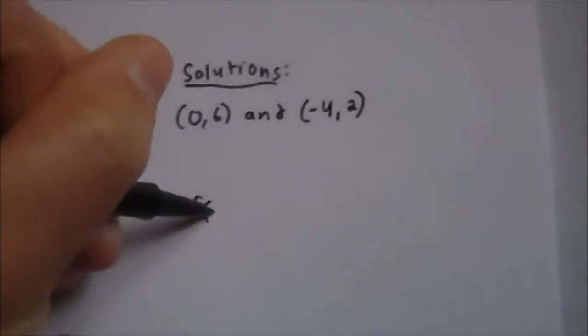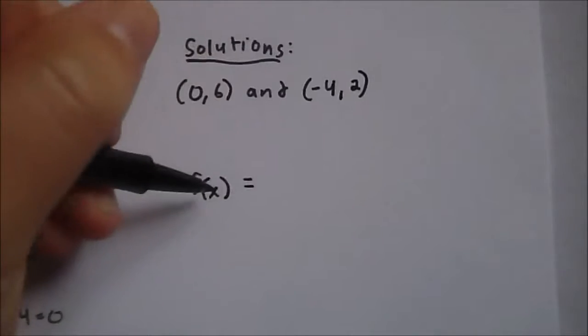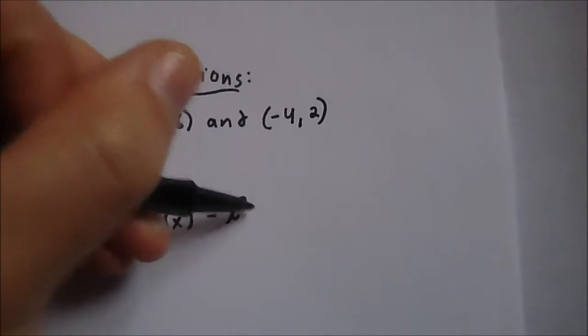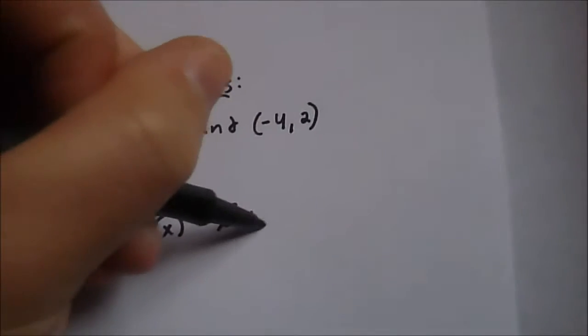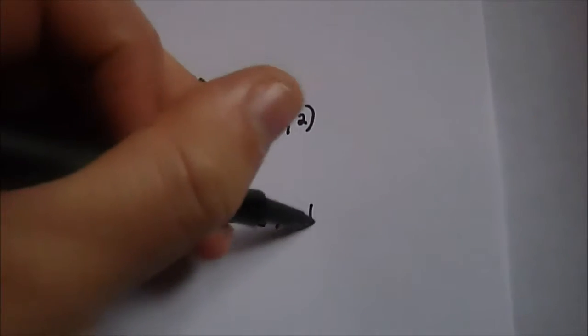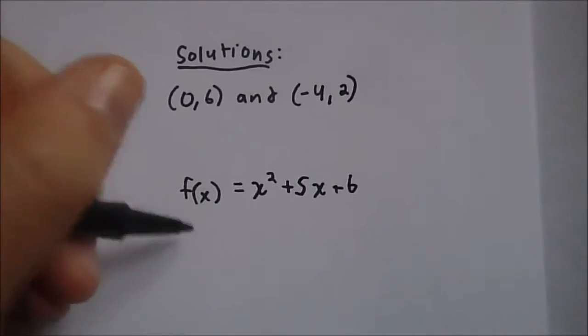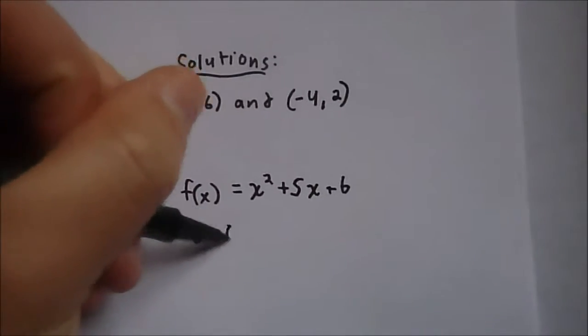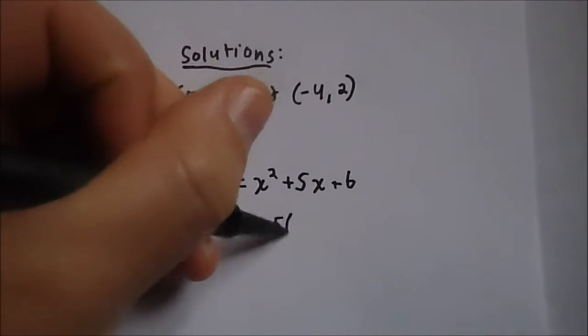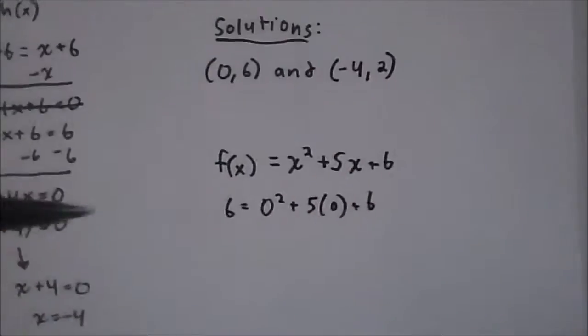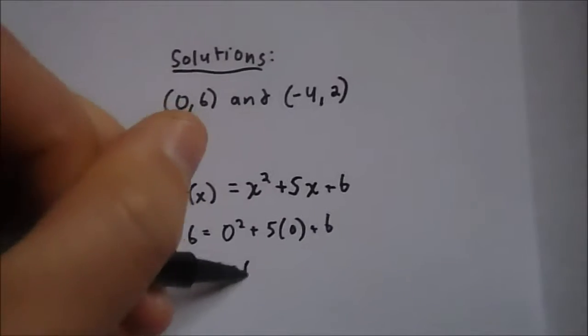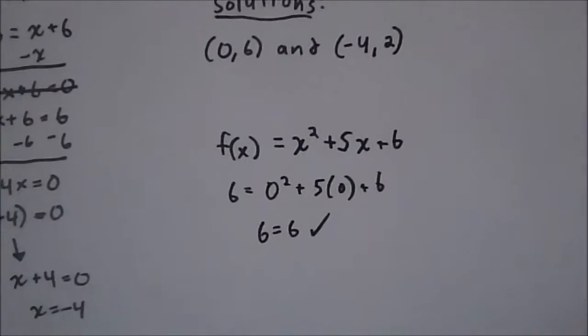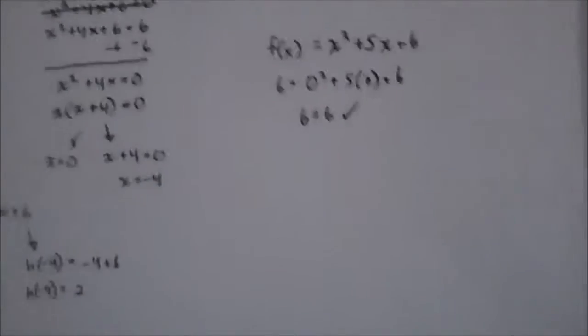And we can double check that these satisfy f of x by substituting them in to the original equation for f of x. We'll just do one of them to check. So 6 equals 0 squared plus 5 times 0 plus 6. We end up with 6 equals 6. That one checks out. And let's just do it for the other one as well.